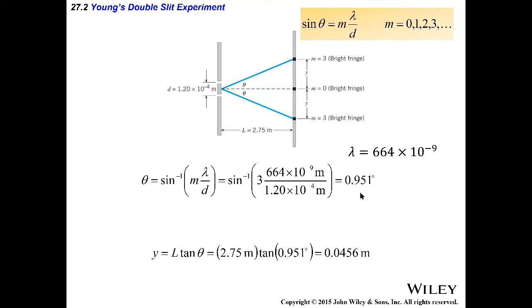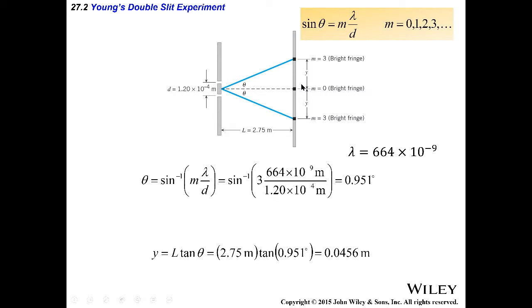Okay? And you can then see, oh, what is the actual separation? The actual separation by trigonometry is L tangent of this angle. And so you can work it out. L is 2.75 meters, and the angle is about 1 degree, tangent of 1 degree, and by the time you work it out, it's about 5 centimeters.